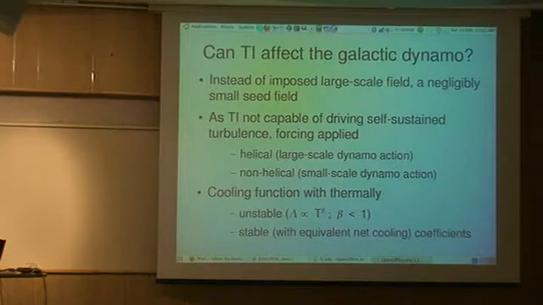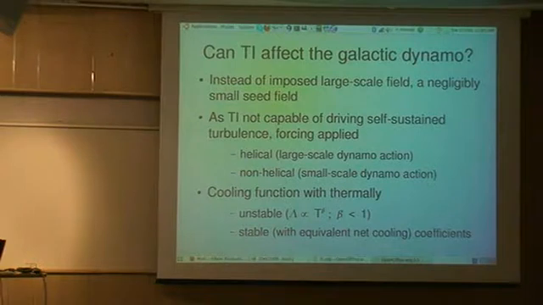With helical forcing, we were planning to investigate the large-scale bit, and with non-helical forcing, the small-scale dynamo action. Even if the system is very simple, it brought some surprises to us. Something worked, but some other things didn't.